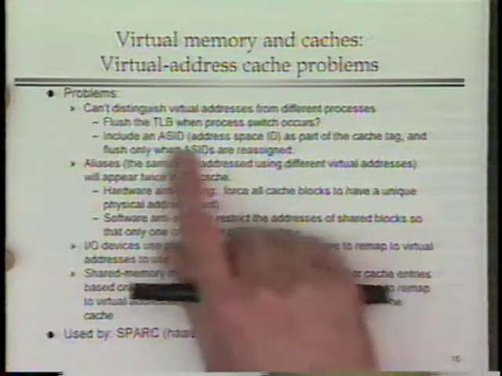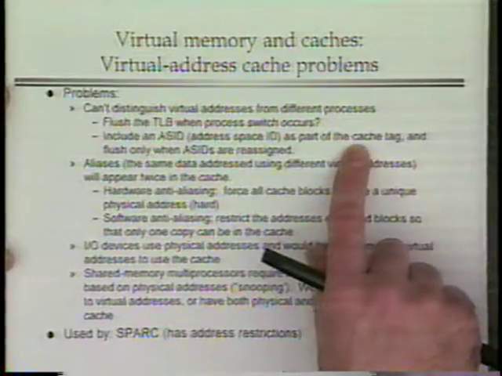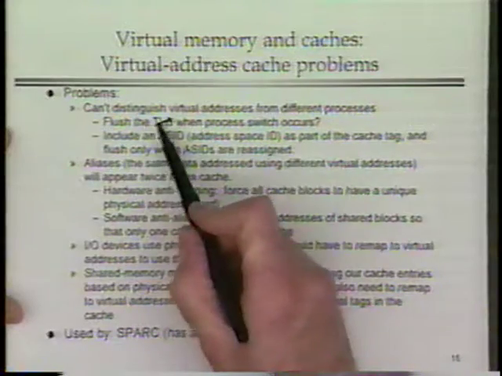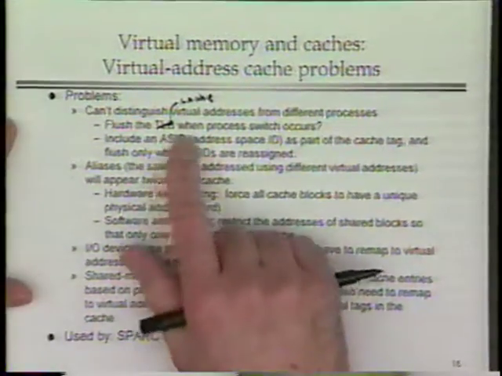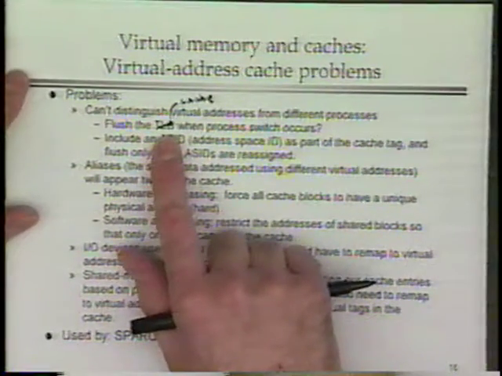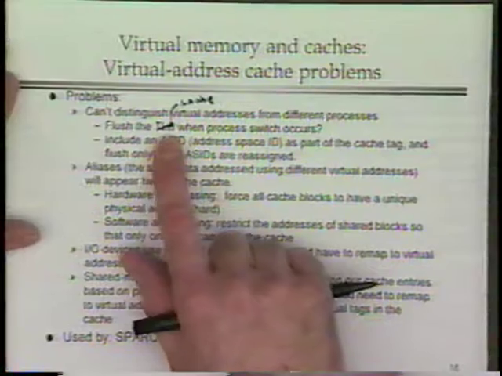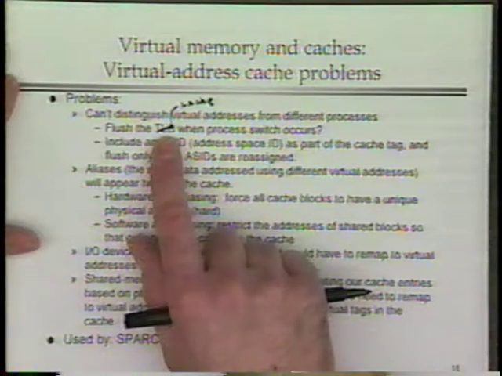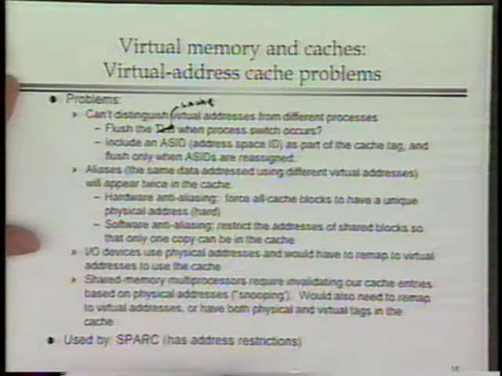I didn't mean here flush the TLB, I meant flush the cache. Right, you've got to wipe out the cache because it's got real data for virtual address 0, and when you switch a process, you've got different real data for that virtual address 0, so you've got to throw out of the cache the old values.